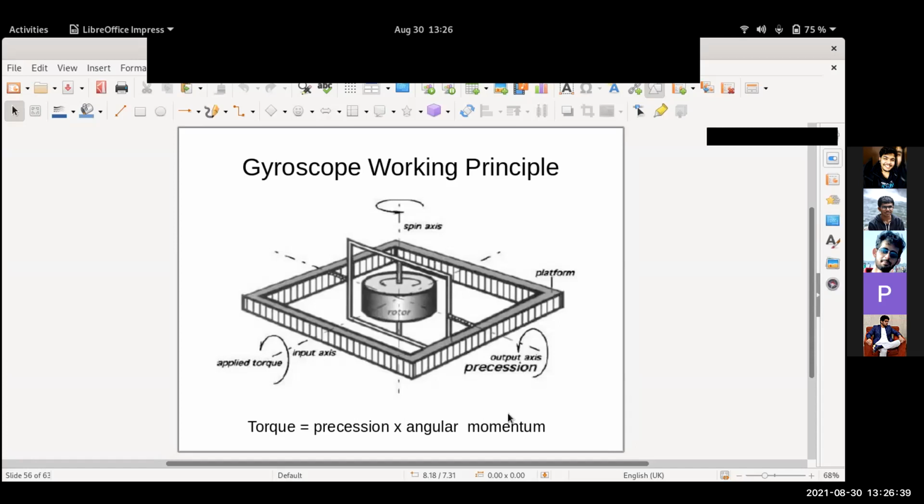So this may cause these axes to coincide with each other, and this gimbal lock situation will occur. And it's a real situation.